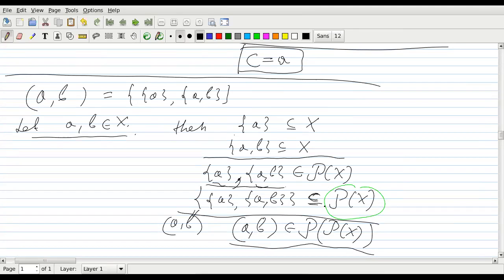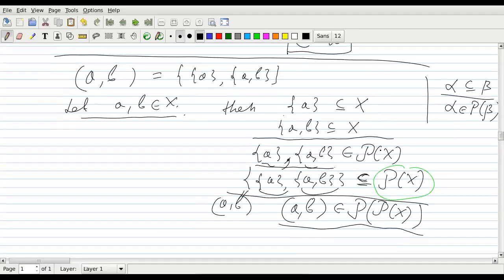A subset of P of X. Why not? Every element of this set, either this one or that one, is an element of P of X. But in general, if alpha is a subset of beta, then alpha is an element of the set of all subsets. Just think abstractly. Oh, okay. I get it. Thank you.